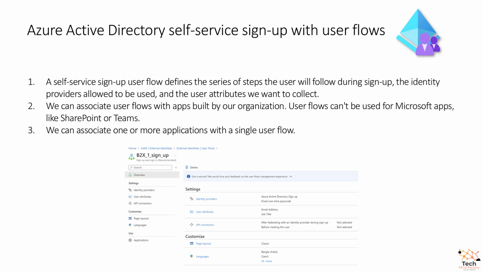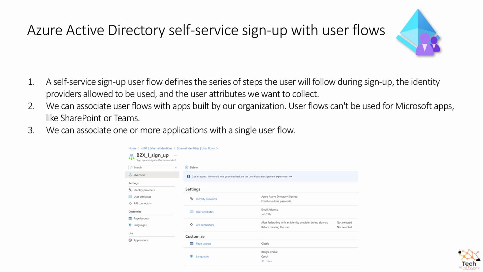So in this case, if we want to customize the sign-up flow for guest users, we can use Azure AD external identities user flows. We can decide that, okay, the guest users can sign up using their standard accounts or maybe social accounts like Google or Facebook.